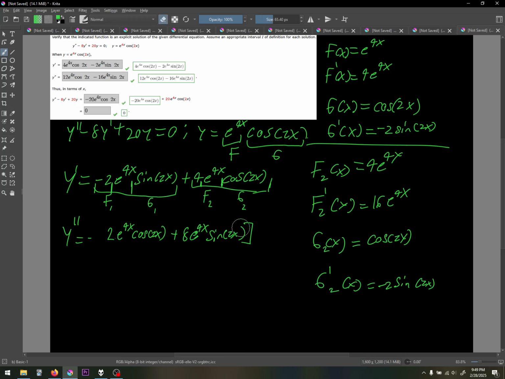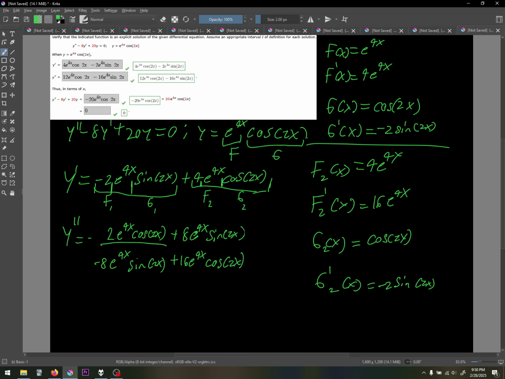So now we're going to have 4e to the 4x times negative 2, so that's negative 8e to the 4x sine of 2x, and then plus 16e to the 4x cosine 2x.